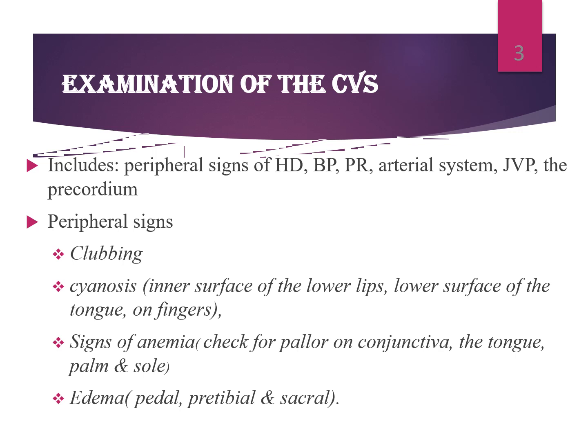And signs of anemia: check for pallor on the conjunctiva, the tongue, palm, and the sole. And also check for edema on the dependent areas such as pedal, pretibial, and sacral areas. These are non-specific signs that show there is cardiac disease, but they are not specific for a heart problem.